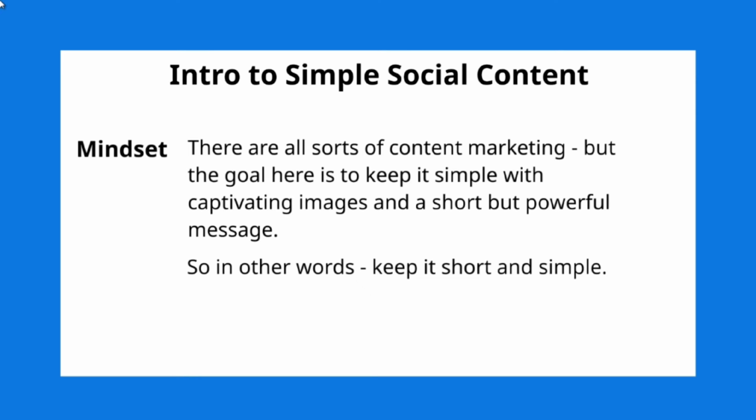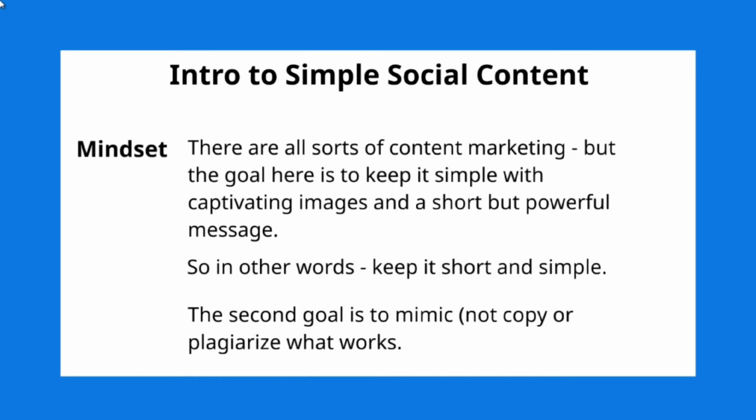So in other words, we're going to keep it short and simple. The second goal is to mimic, not necessarily copy or plagiarize what's out there, but to mimic what works. So we're going to take a look at content out there that is getting high engagement and how you can kind of replicate it as well.